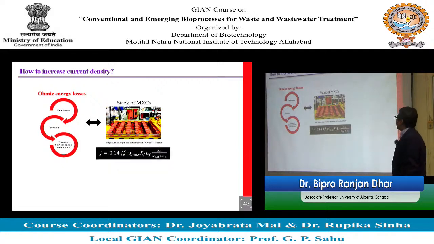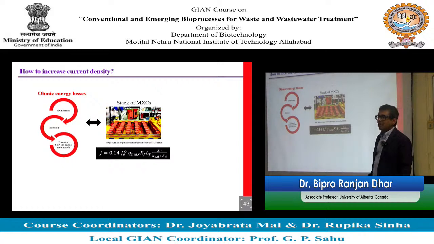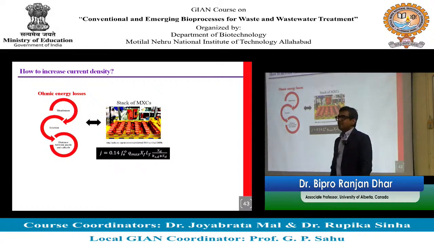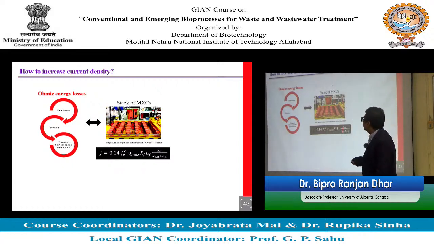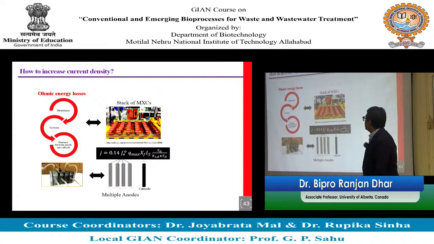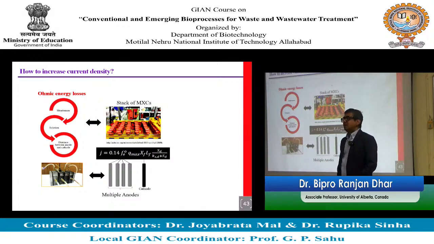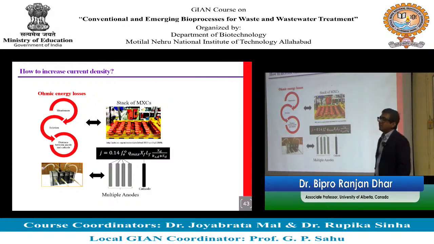Another thing, if you look into this equation, if you have more active biomass or more EAB, we can increase J, or current density. So we are thinking, what if instead of one electrode we put multiple electrodes? But that is still facing a lot of challenges.